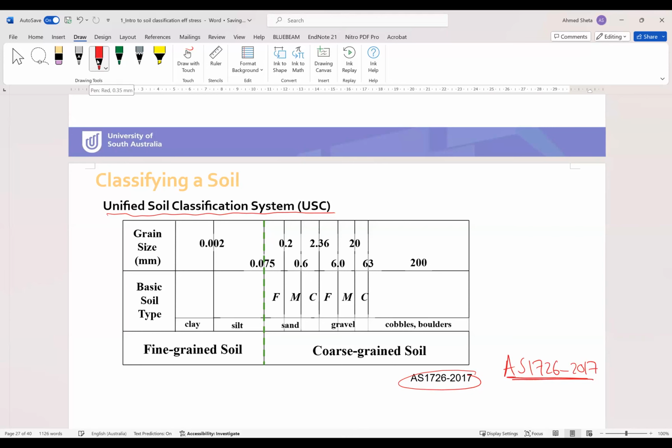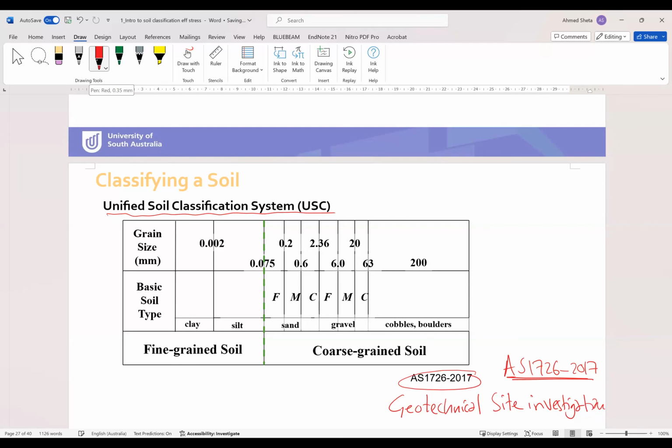So this is called the geotechnical site investigation. You can find this table or this classification system in the 1726.